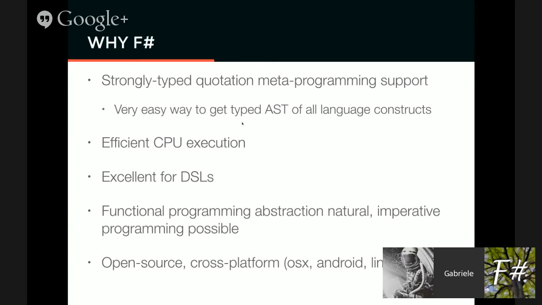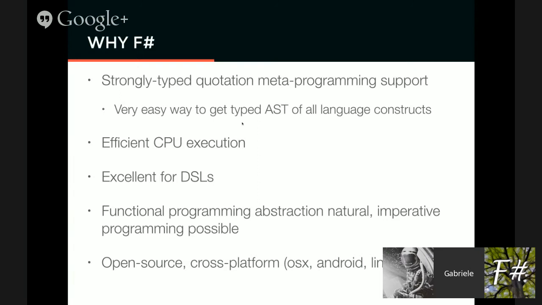So why did we choose F#? Just a brief hint of why F# is the best choice for this particular project. Well, F# is really a great language. It's strongly typed. If compared to C99 OpenCL programming, we have a higher type safety. It is really efficient. We will see that too.